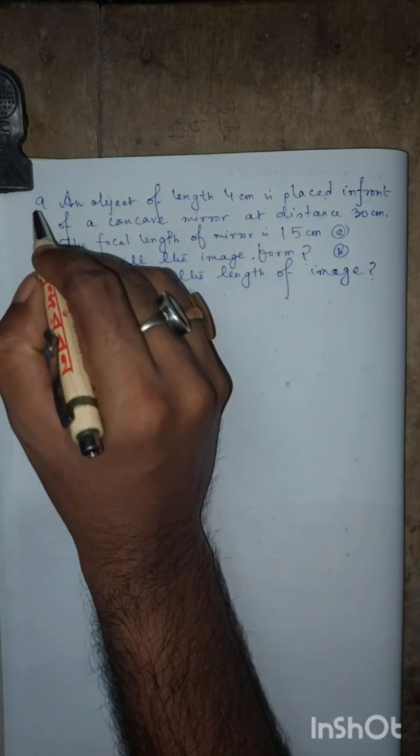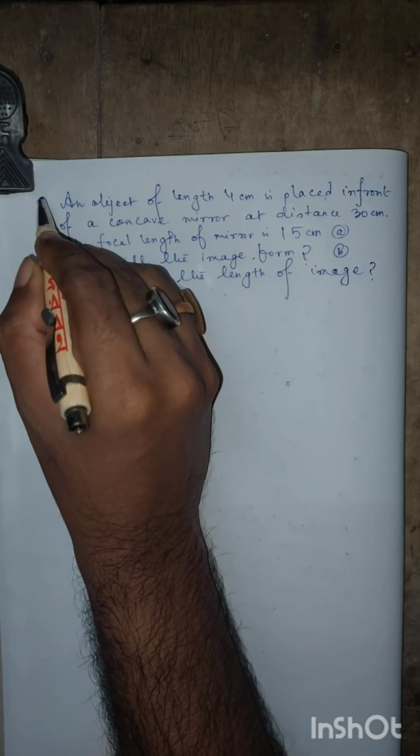This is our question which says an object of length 4 cm is placed in front of a concave mirror at a distance of 30 cm. The focal length of the mirror is 15 cm. Where will the image form? What will be the length of the image?